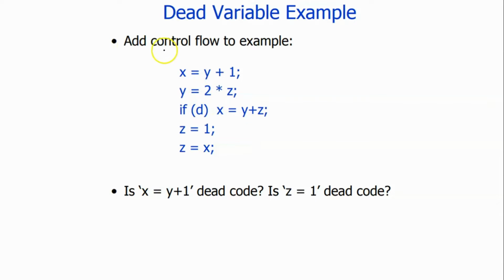Let's see this example. Basically this is slightly more complicated than the last example. Can anyone tell me, first of all, this instruction x equal to y, is this instruction dead? Tell me only about this instruction, is this dead or not? Just look at this program.